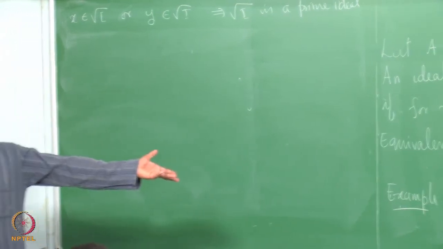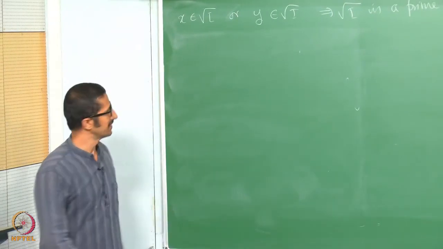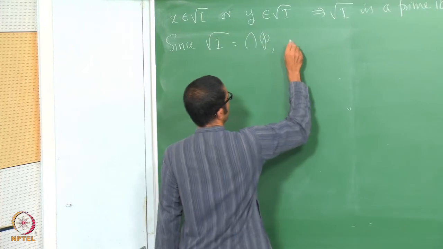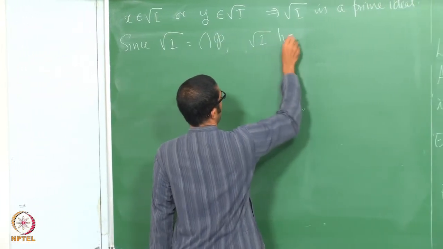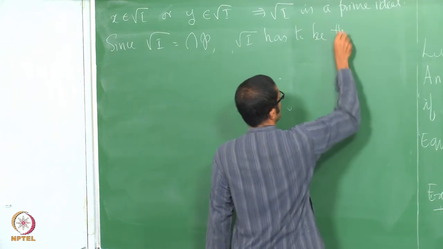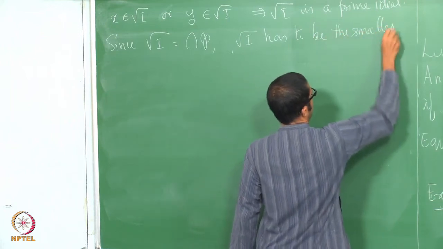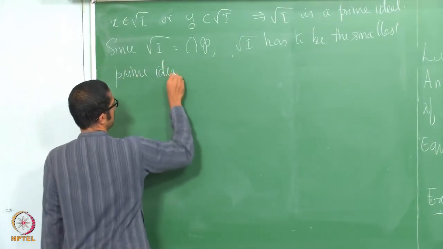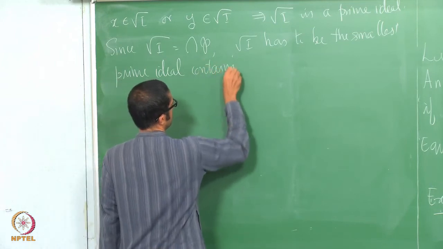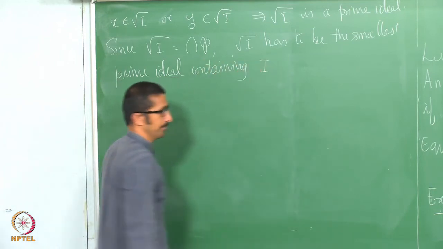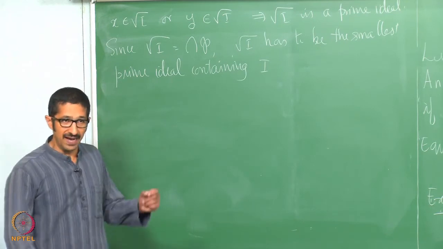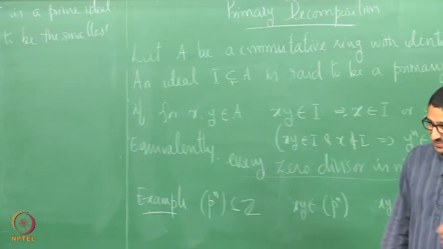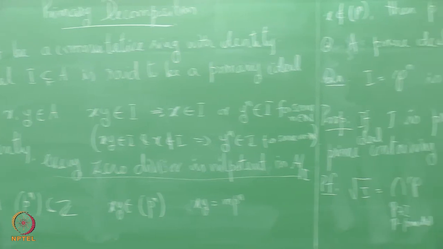And by definition it has to be the smallest prime ideal. So if I is primary, the radical is prime.